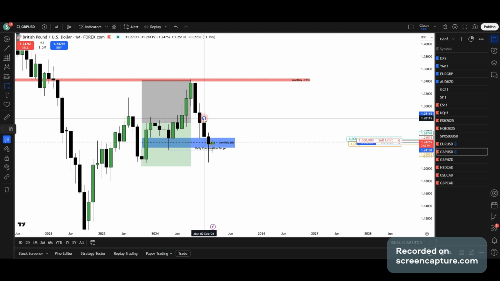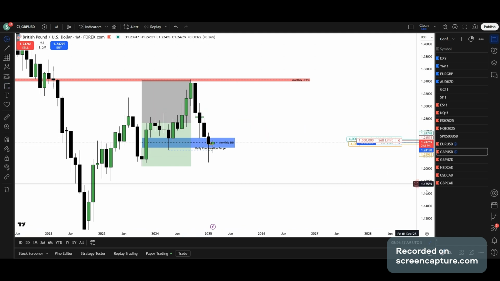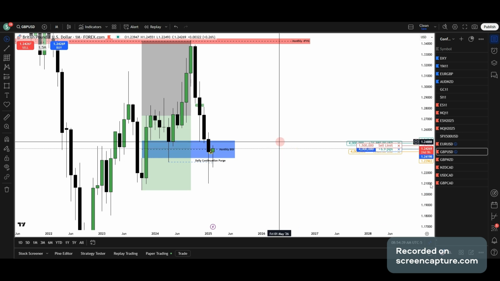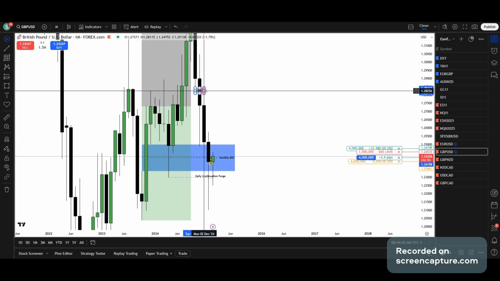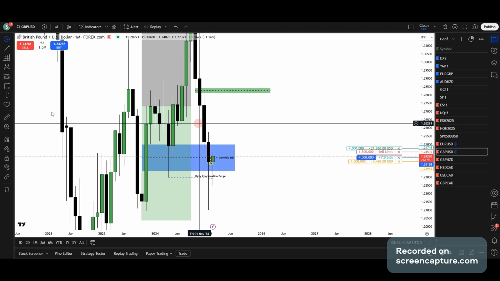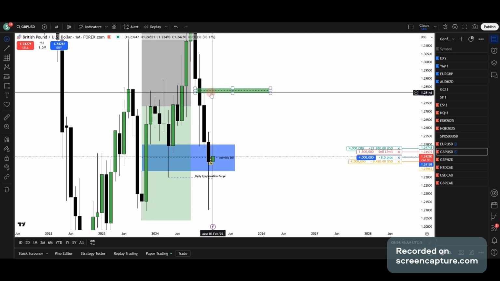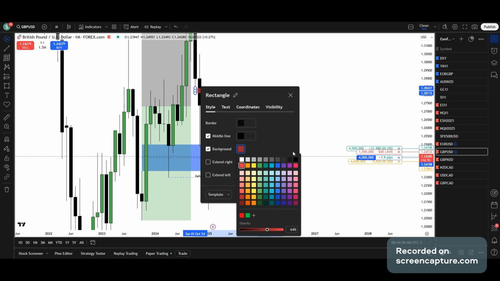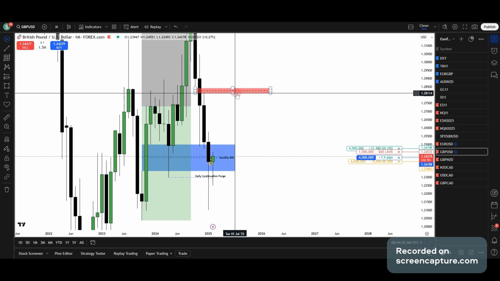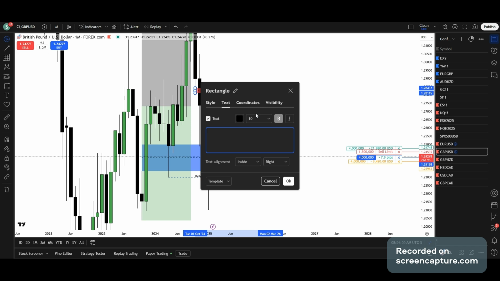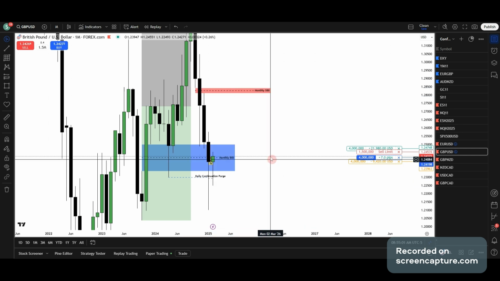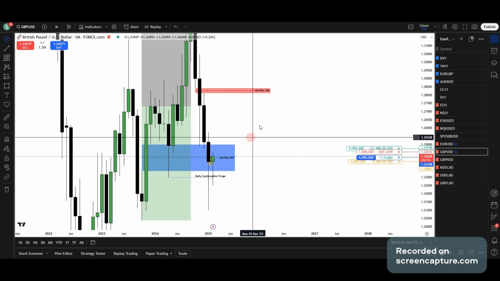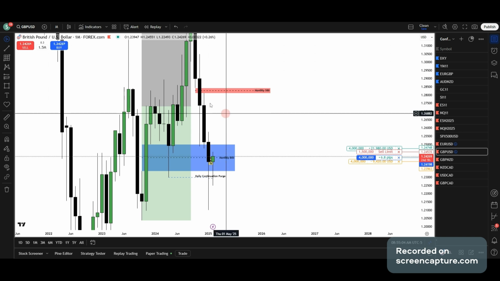My low hanging fruit objective is this monthly sell side imbalance, buy side inefficiency right here in premium. Price doesn't necessarily have to get all the way up there.